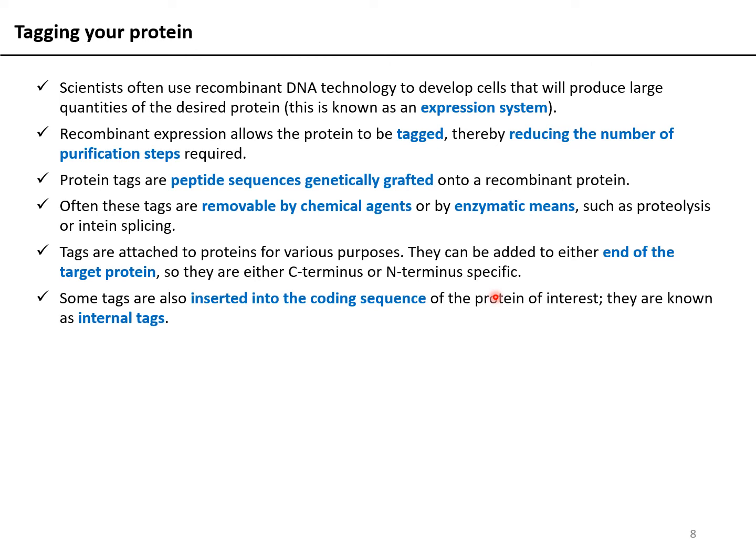Now, some tags can also be inserted within the coding sequence, and these are referred to as internal tags. But under these situations, you have to have an idea of which regions of the protein are exposed on the surface, because unless your tag is exposed on the surface of the protein, it does not serve your purpose.